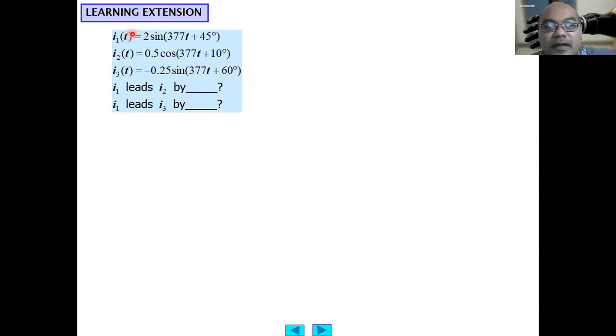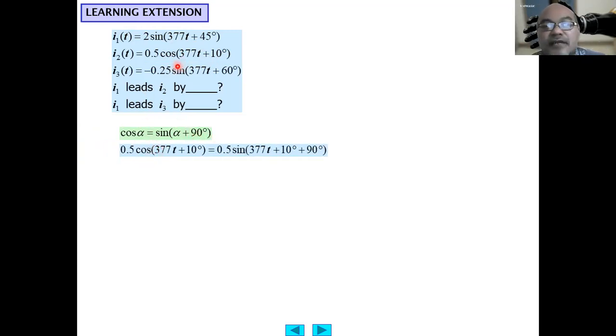To compare I1 and I2, we need to change this 0.5 cosine into a sine function. Cosine alpha is basically a sine function leading the original sine function by 90 degrees. So cosine alpha equals sine alpha plus 90 degrees.